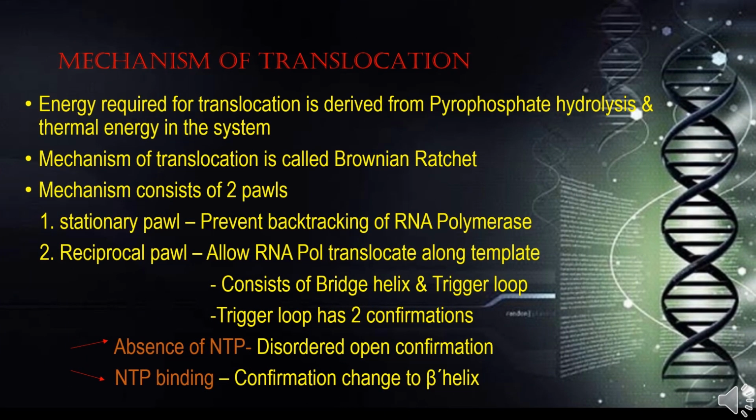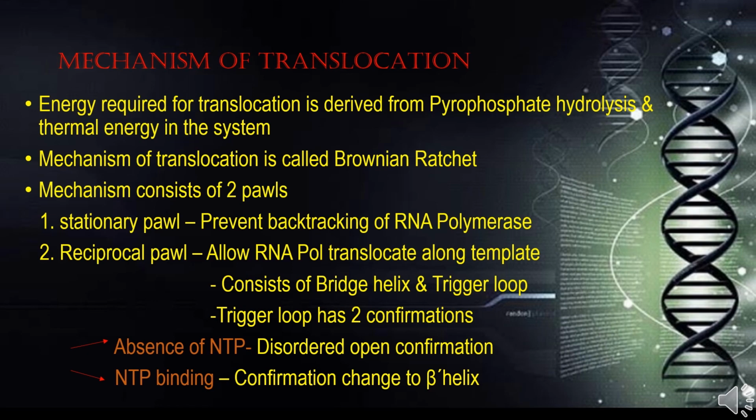Then we come to the mechanism of translocation. DNA template and RNA-DNA hybrid movement through RNA polymerase is referred to as translocation. Energy required for translocation is derived from pyrophosphate hydrolysis and thermal energy in the system.